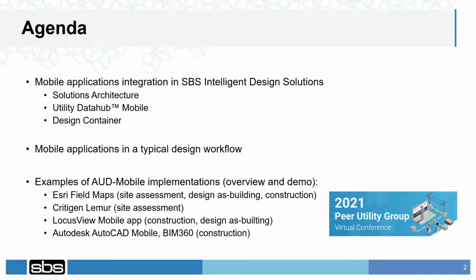We'll look at a typical design workflow and see how mobile applications can be leveraged to better support the design process. And at the end, I'll present a few implementations from leading providers of mobile technologies, including Azure, Critigen, Locus View, and Autodesk.